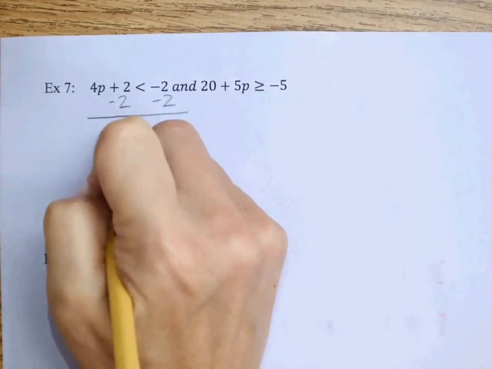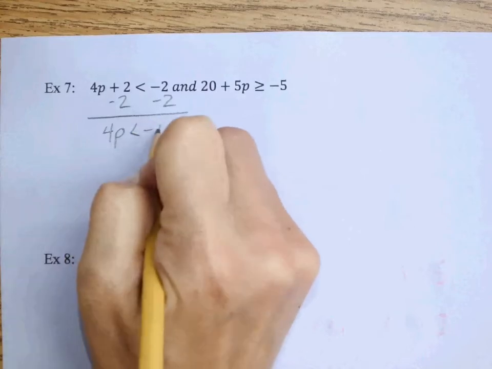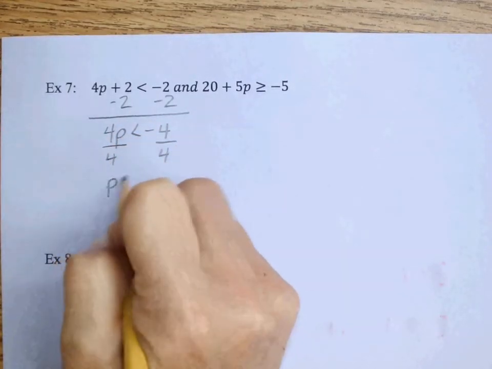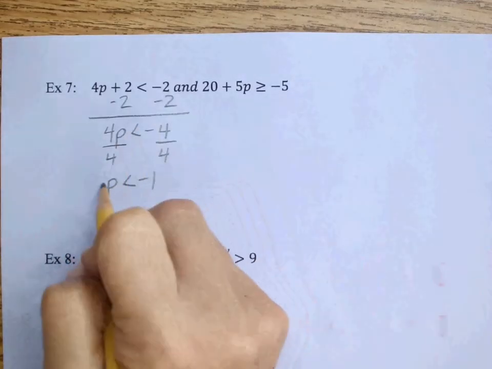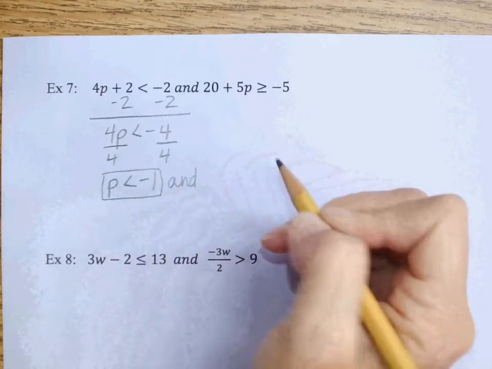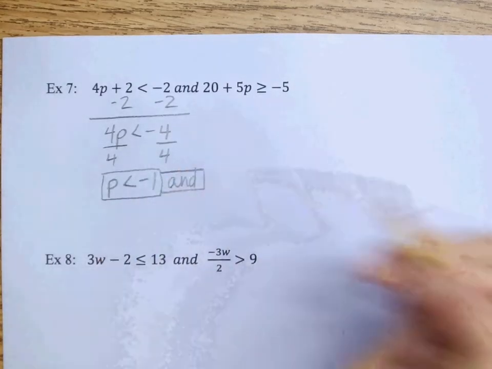And I'm going to drop down the 4p is less than -4. And then I'm going to divide each side by 4. P is less than -1. So here's one answer. This is an and, so I drop down and. This is part of my answer as well.